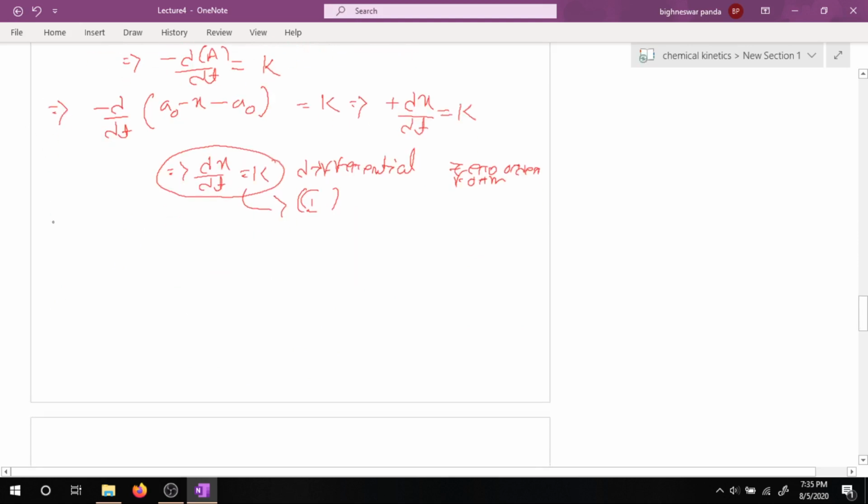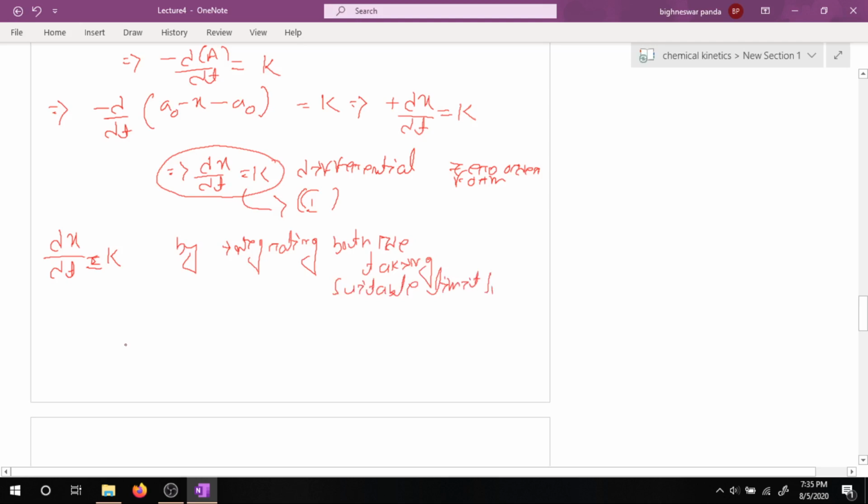So we have dx by dt is equal to K. Integrating both sides, taking suitable limits, I can write dx is equal to K dt.